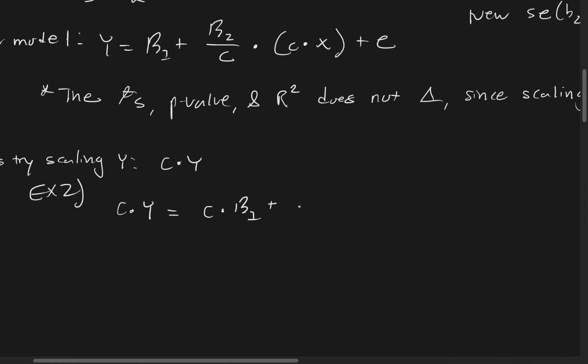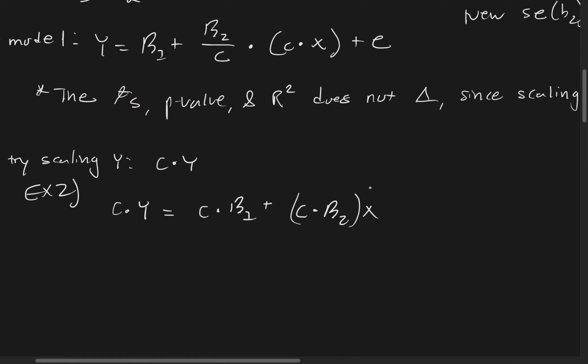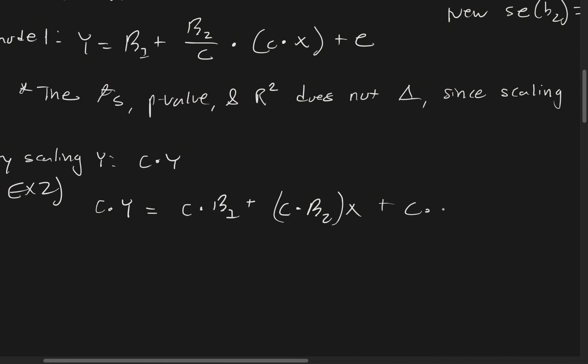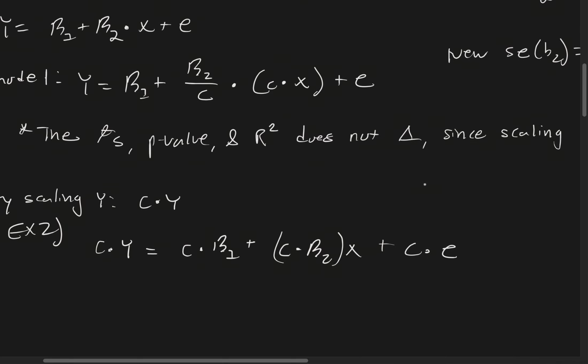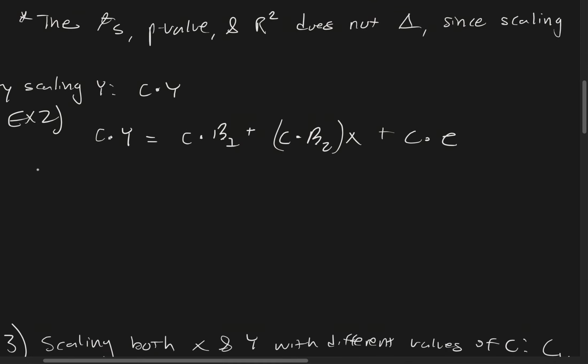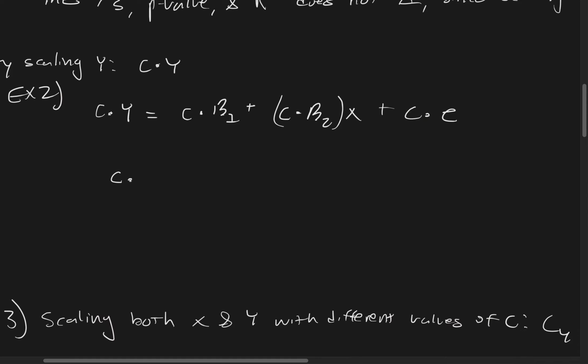So the intercept, and then our x, as well as our error. And so what that results in, again, our test statistic, p-value, r squared, all that doesn't change. But our coefficients of beta 1 and beta 2 will be rescaled by the constant we're multiplying by, as well as our standard errors.